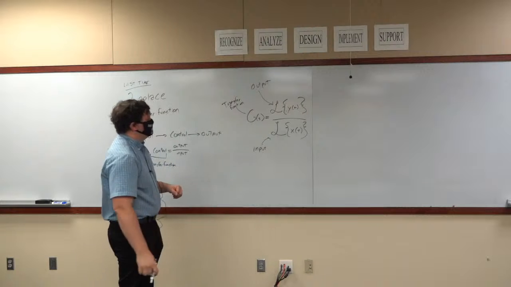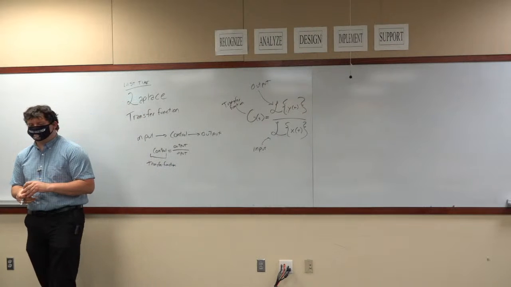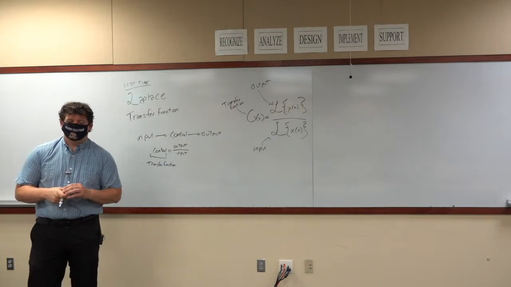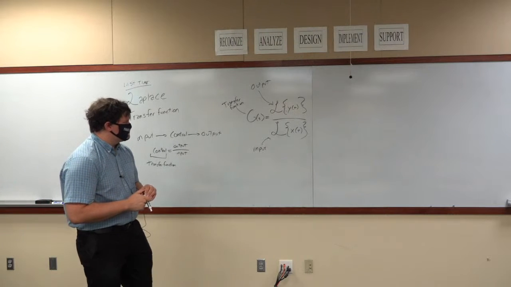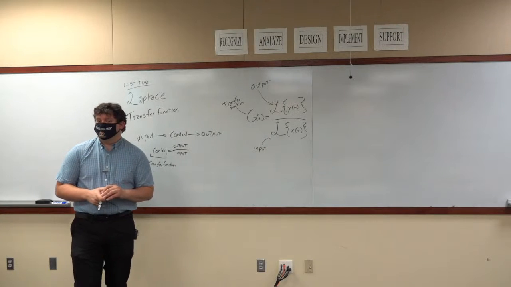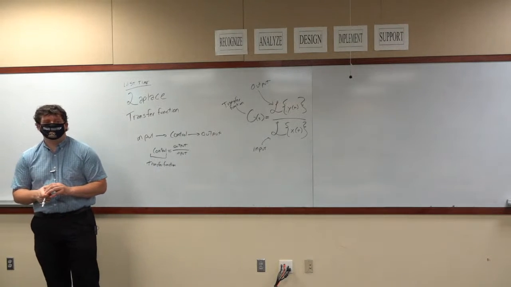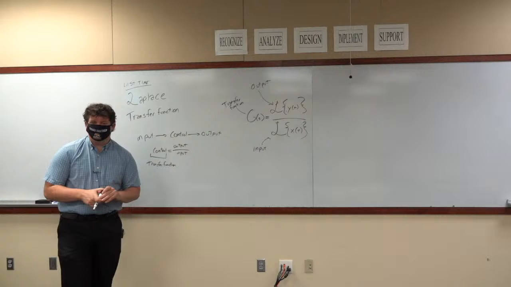So, transfer functions are fun because they take a lot of math to develop, but this is ultimately what this is. It gives us the ability to define inputs and outputs linearly.